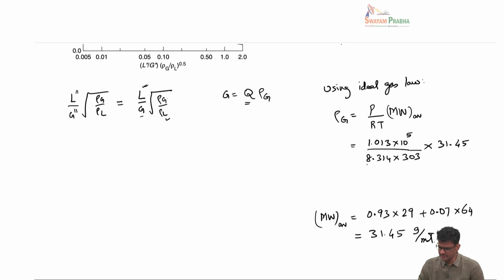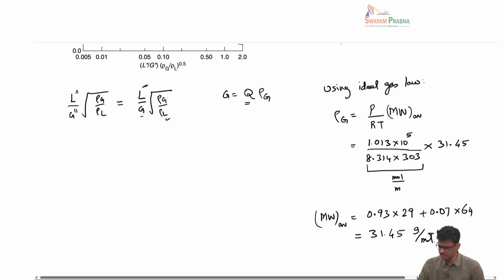The units of this entire P by RT would be moles per meter cube, and we are multiplying this by molecular weight, which is gram per mole. So the net unit of this product will be grams per meter cube, but if you want kilogram per meter cube, I have to add 10 power minus 3 here.